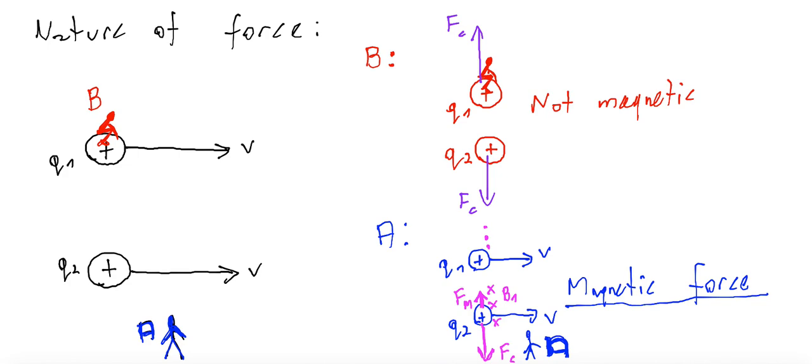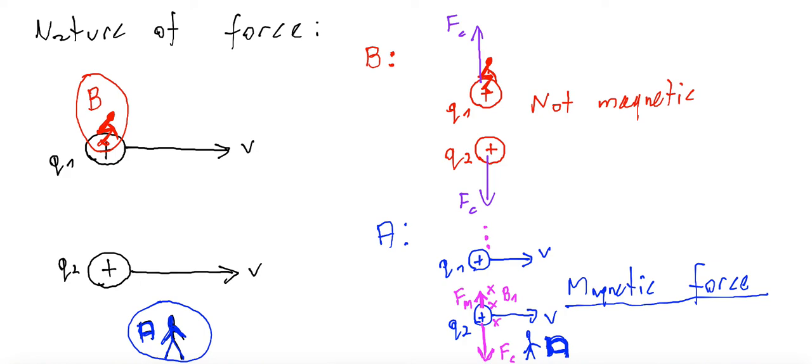In one frame of reference, of A, magnetic force exists. In the other frame of reference, of B, magnetic force doesn't exist. And this is a perfect example of relativity. Not only displacement, not only velocity, but also type of force is relative and depends on the observer, depends on the frame of reference.